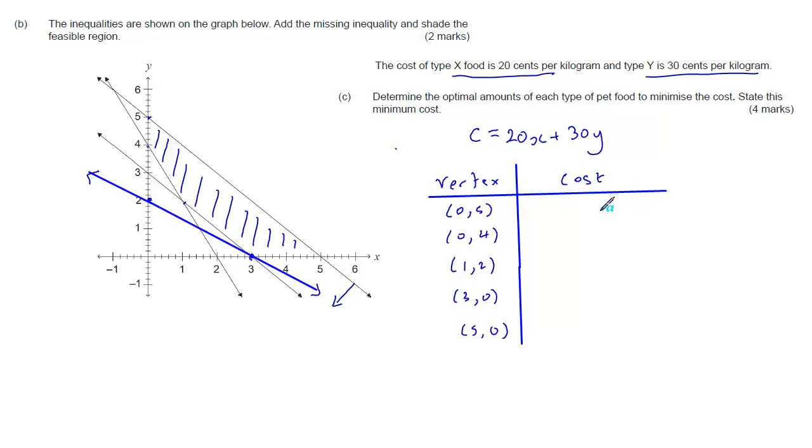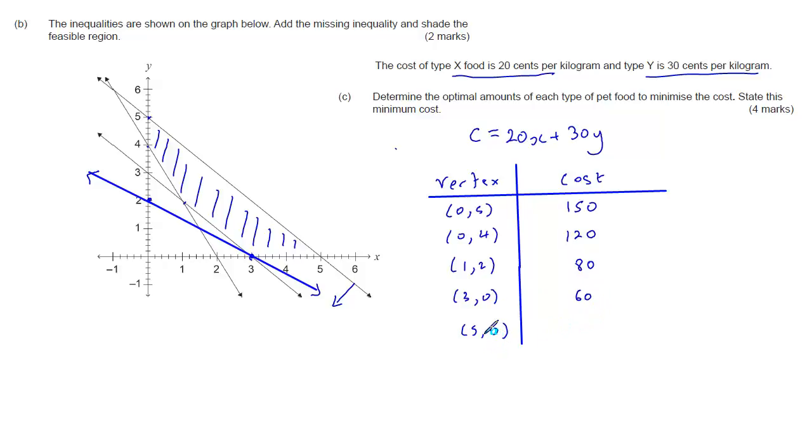So at 0, 5, that's 20 times 0, 30 times 5, that's going to give me 150 cents. This one's going to give me 120. This one's going to give me 80. This one's going to give me 60.